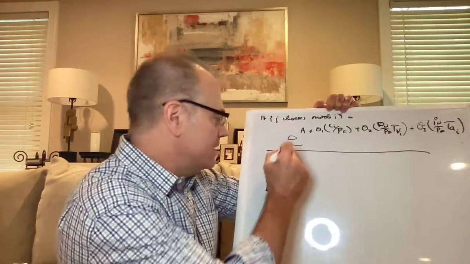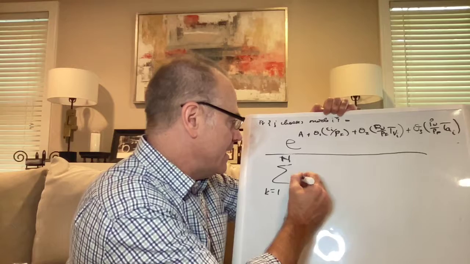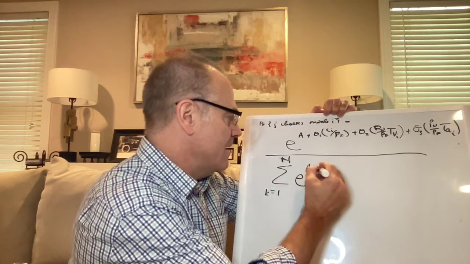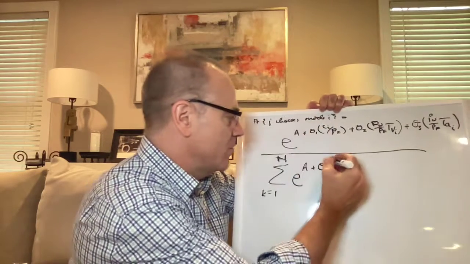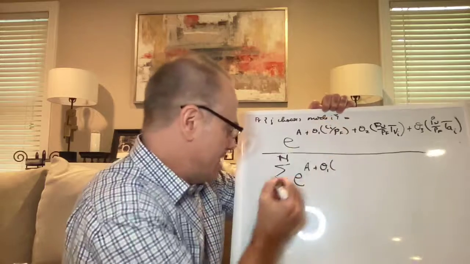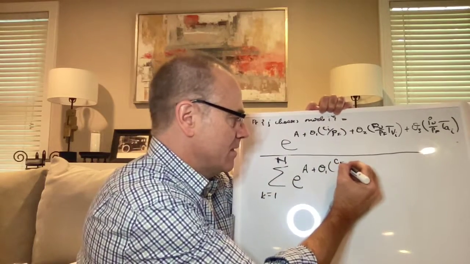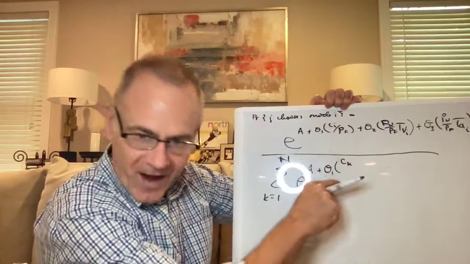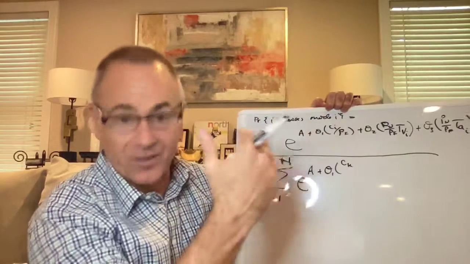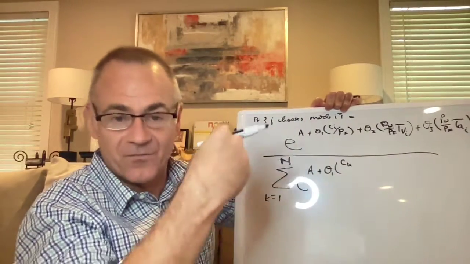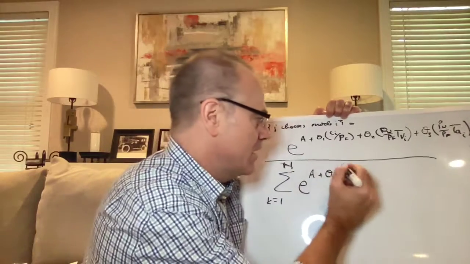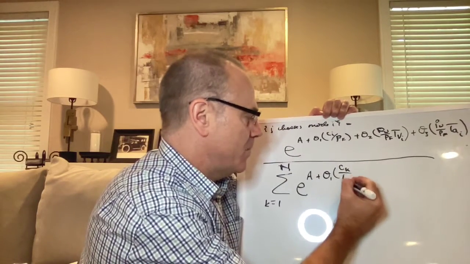K equals 1 to N, E to the A plus theta 1, theta 1's a parameter, C_K. That's the fare, the bus fare or cab fare, whatever, the fare for taking mode K, divided by P_F.